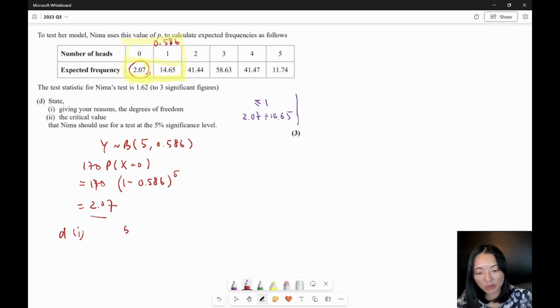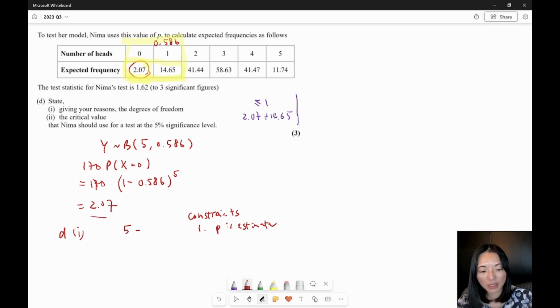And we need to subtract from the number of columns for each constraint. First of all, there is a constraint already because we have estimated p. So constraint number 1 is p is estimated.